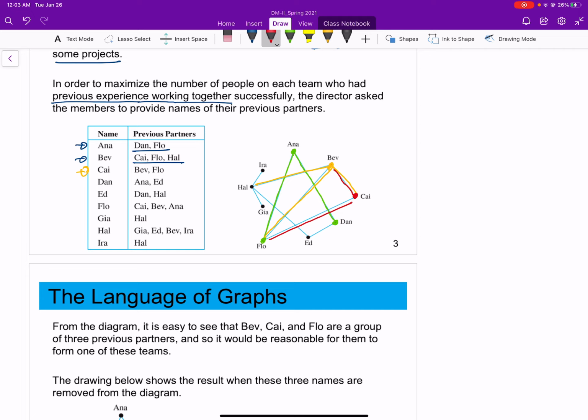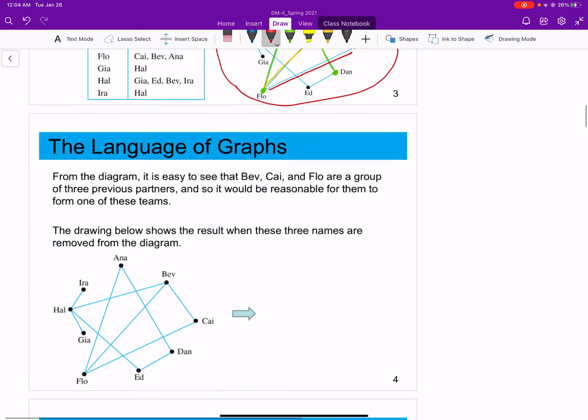All right. So like that, you can make a graph. You can make this structure that explains which one worked with which one. All right. So this is something very easy. So you can get this structure from this table. All right. Then go down.